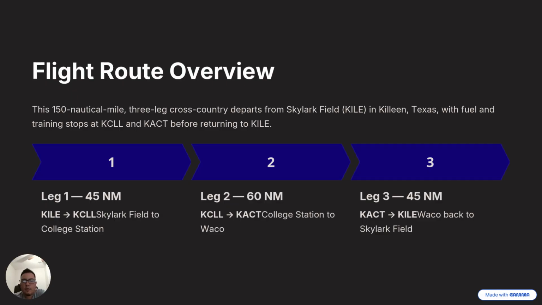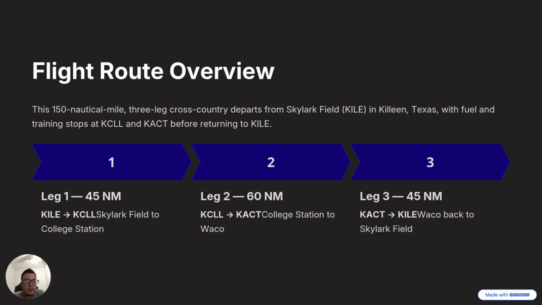So, flight route overview. Like I said before, this is a little over 115 nautical miles. It's a three-leg cross country, departing from Skylark Field, Texas. We have plenty of fuel to do all this cross country, so we don't have to make any stops for fuel. Probably bathroom, but not really for fuel.